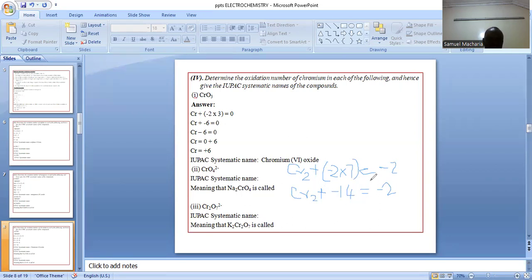Now, you take -14 to the other side, so you are going to have the chromium, 2 of them, equals -2 plus 14.